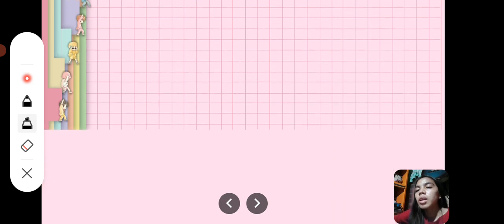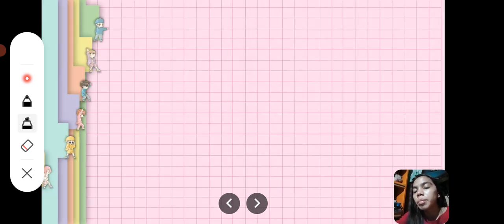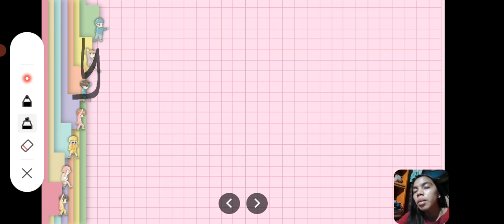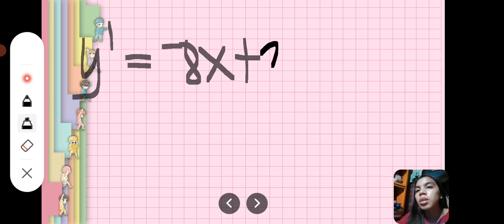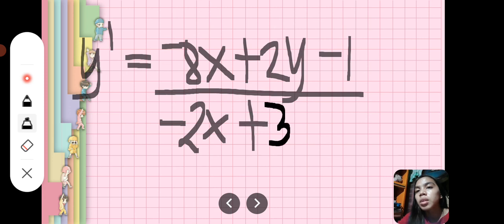So the final answer for this example will be y prime is equal to negative 8x plus 2y minus 1 over negative 2x plus 30y.